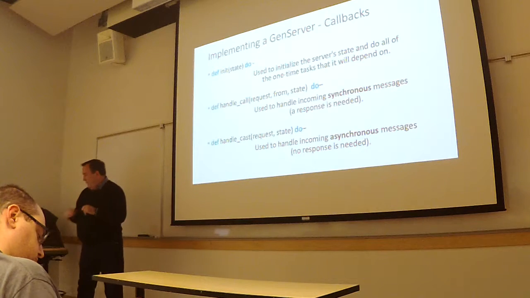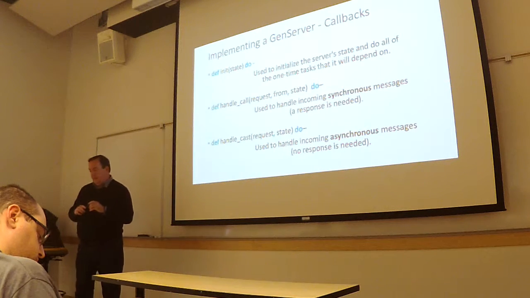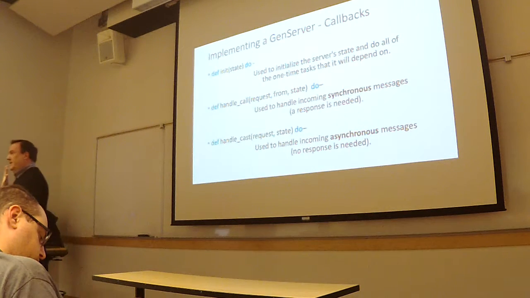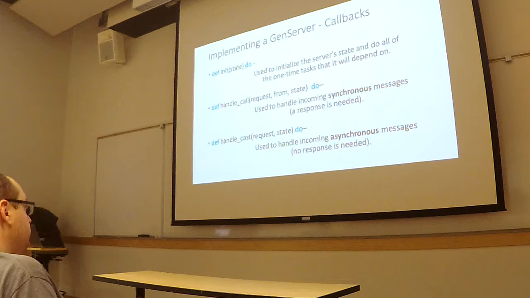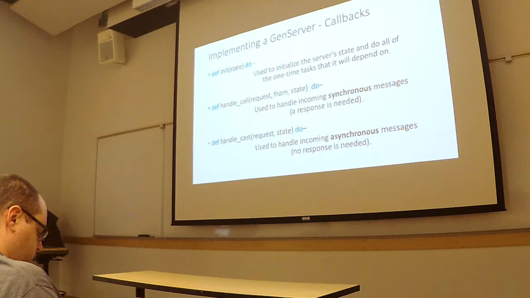So you have to implement an init method. It might do nothing. Okay? Sorry, I'm using sort of methods and functions somewhat interchangeably. You implement an init method or function that will be called when a gen server process is started up. There will be a call to your init function, which now gives you an opportunity to actually start initializing yourself.